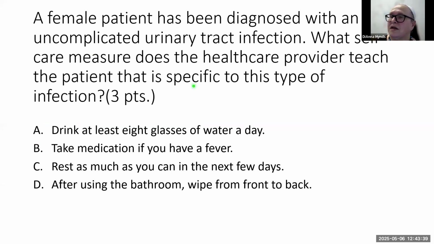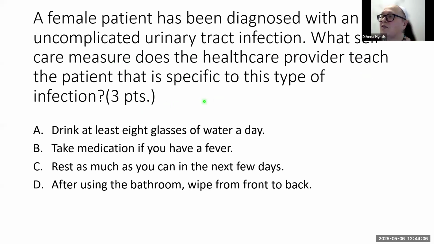Moving along. Okay, so this is more about the urologic system. So you have a female patient who has been diagnosed with an uncomplicated urinary tract infection, UTI. What self-care measure does the healthcare professional teach the patient that is specific to this type of infection? And so this would be a 3-point question.